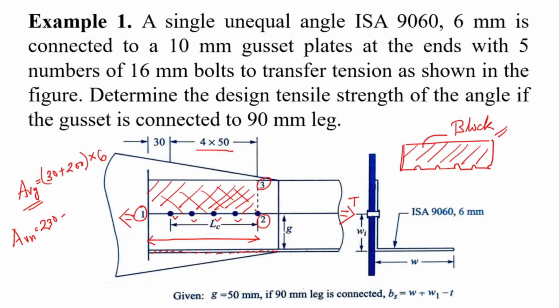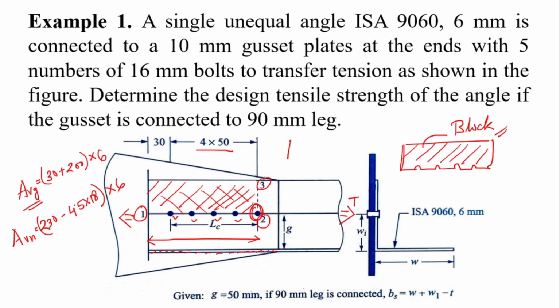And for the last bolt, we have to subtract half of the diameter of the bolt hole. That is, we subtract 4.5 into 18 from the total distance 230. If I multiply it by 6, we will get the net cross sectional area between sections 1 and 2.